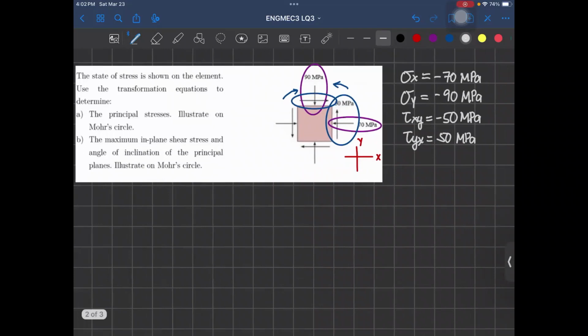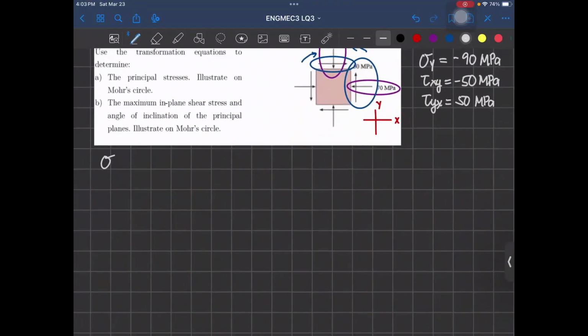So using the stress transformation equations, the first principal stress, or the smaller one, is equal to sigma x plus sigma y over 2 minus the square root of sigma x minus sigma y over 2 squared plus tau xy squared.